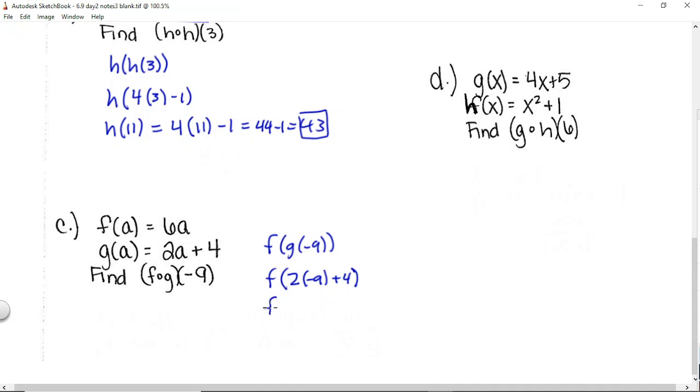And that's what we evaluate, and that becomes the input for f. So 2 times negative 9 is negative 18, plus 4 is negative 14. That's the input for f.